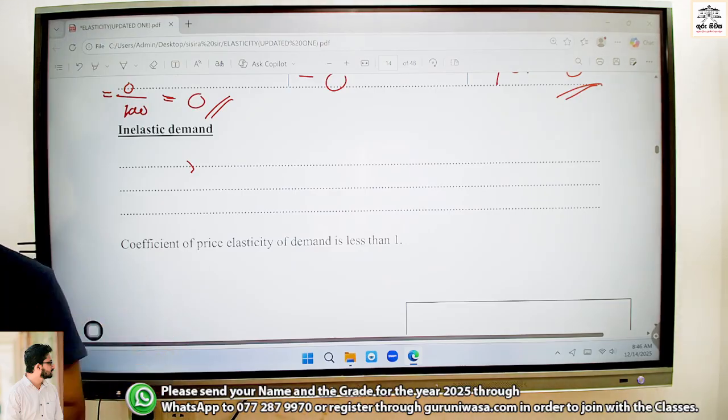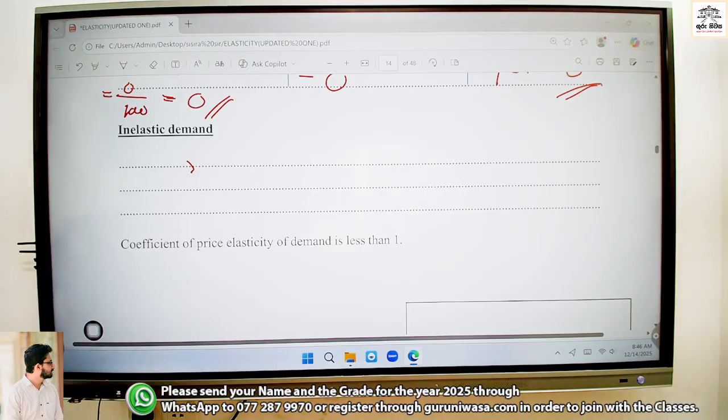The second category is a little flexible. Inelastic demand. Okay?